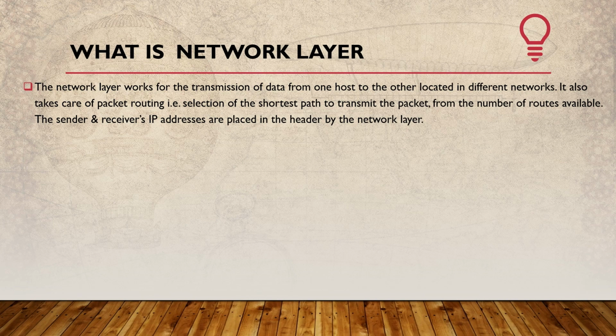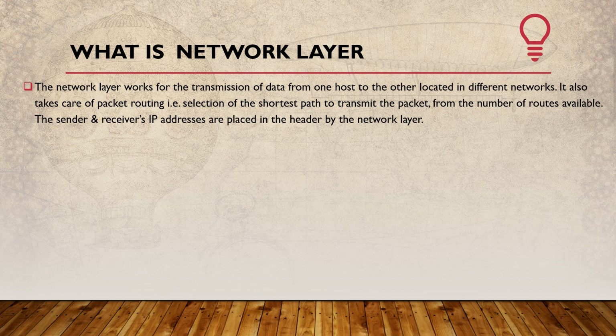Another, I can go via Dubai, and from Dubai take a transit flight to Paris or some other airport. There are many ways, and I need to decide in which way to go. Those things will be taken care of by the network layer.